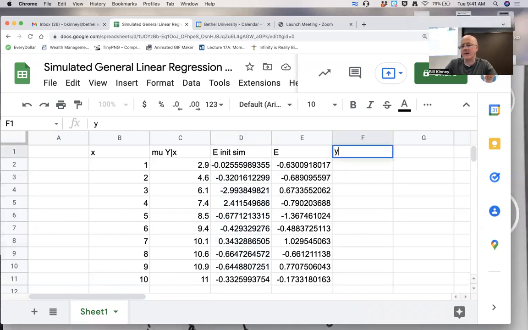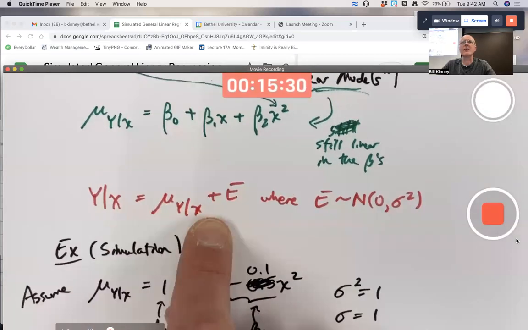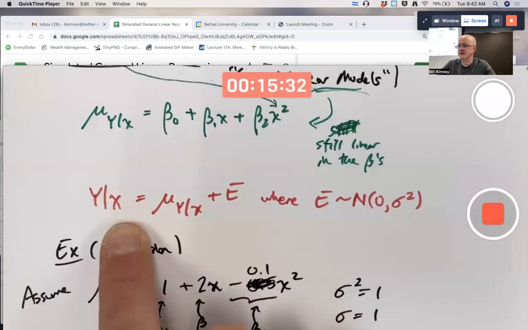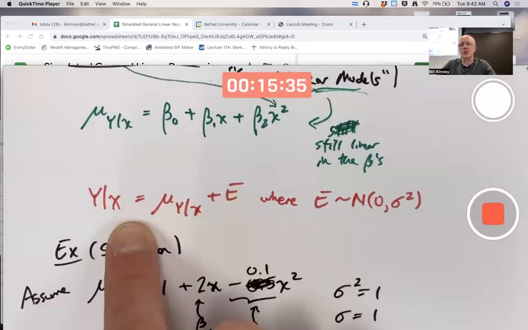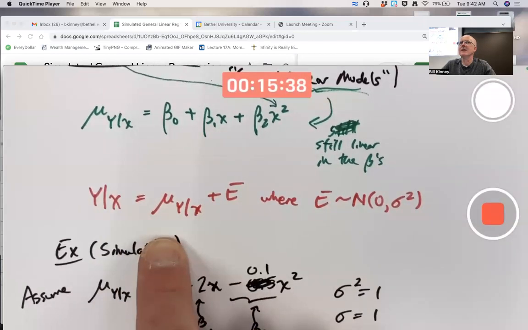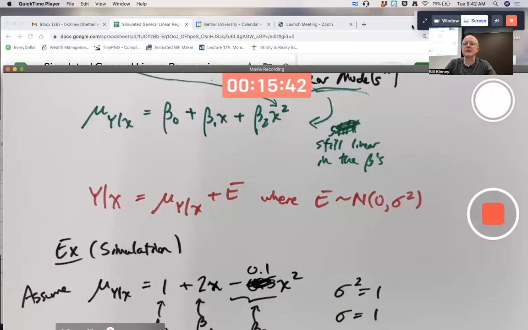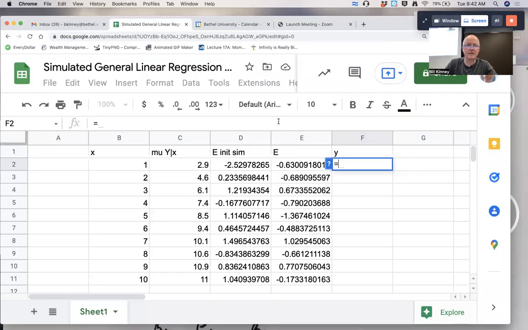So now let's get the Y values. Look back at the model again. Use that equation. Y is mu plus E. This is a random variable form of the equation. Now we're using a non-random variable. We've got data here that's being simulated, but it's the same idea.